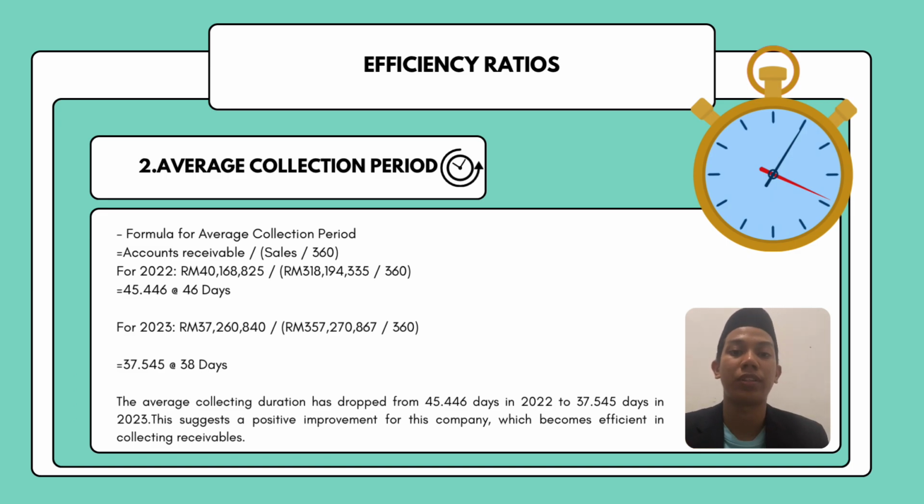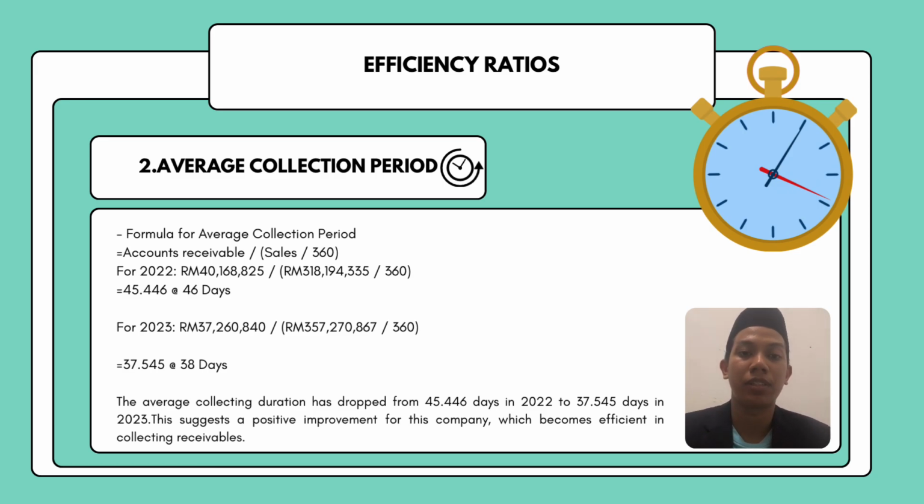For 2023, we have RM 37,268,840 divided by RM 357,270,867 divided by 360 days, which equals 37.545, or 38 days.